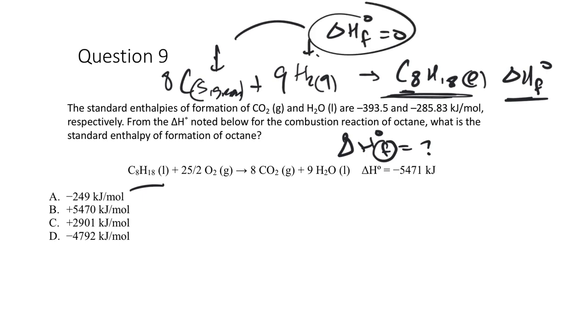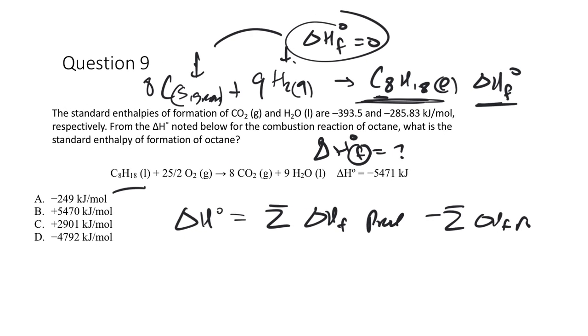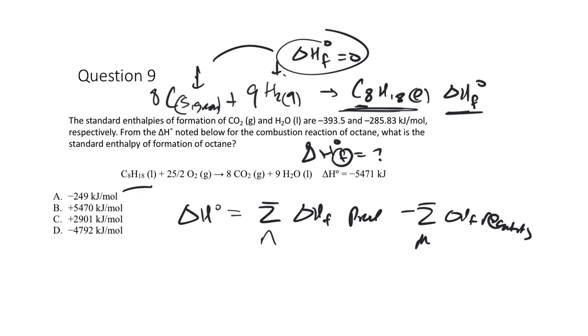Okay, and so if we know how delta HFs work, the idea is that we can calculate a delta H of reaction by taking the sum of the delta HFs of the products minus the sum of the delta HFs of the reactants. And you have to take into account the stoichiometry of the products, it's called N, and the stoichiometry of the reactants, it's called M. So we're just taking into account how many of them we have.